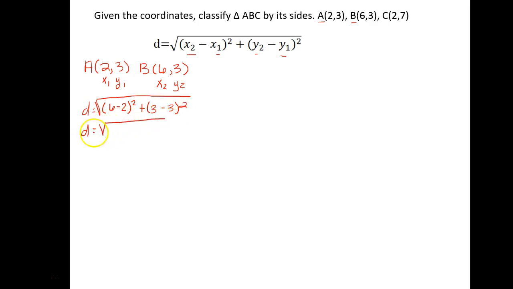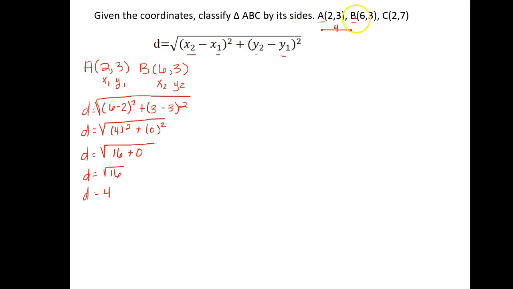It's okay. 6 minus 2 is 4, and 3 minus 3 is 0. So now I square 4, which is 16. 0 squared is 0, so that distance is the square root of 16, which is 4. So the distance from A to B is 4. So like if we had a segment there, that distance is 4.